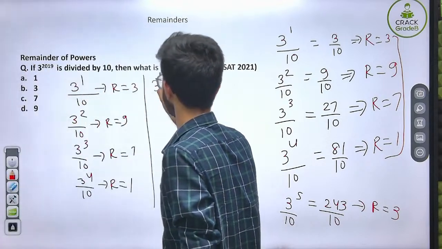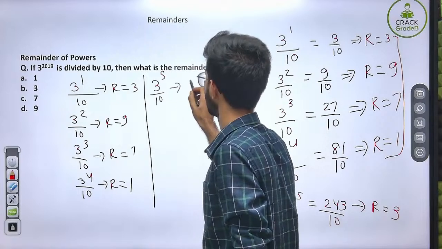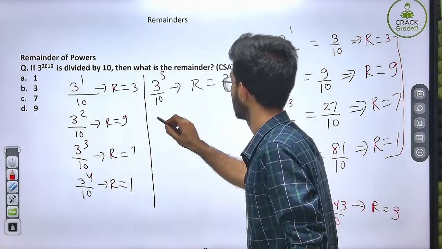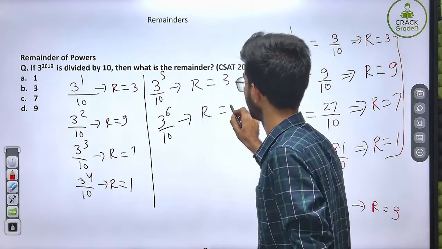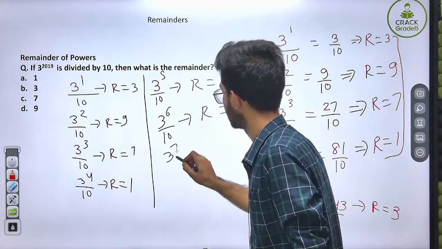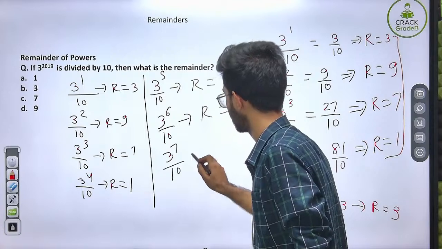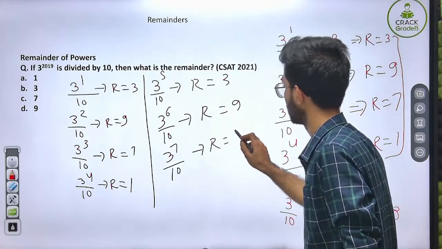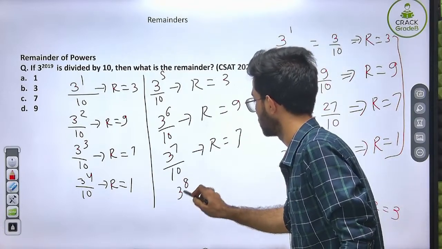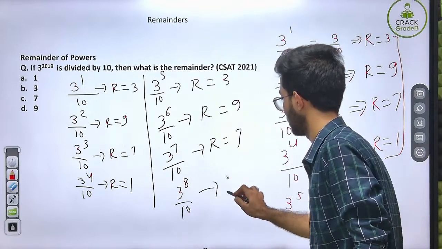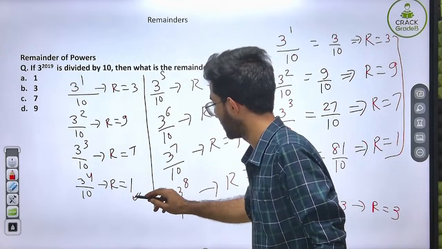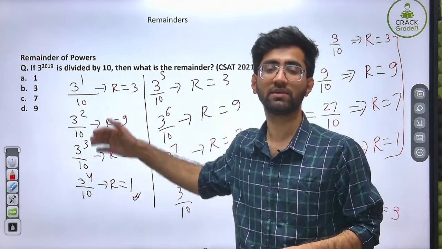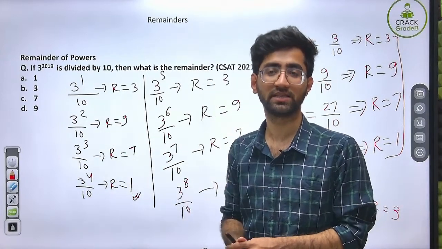Similarly, 3 to the power 5 gives remainder 3, 3 to the power 6 gives 9, 3 to the power 7 gives 7, and 3 to the power 8 gives 1. After getting remainder 1, all the remainders start repeating themselves.